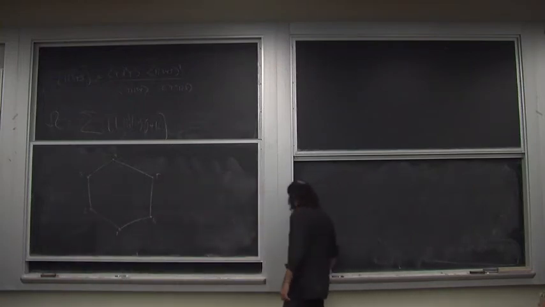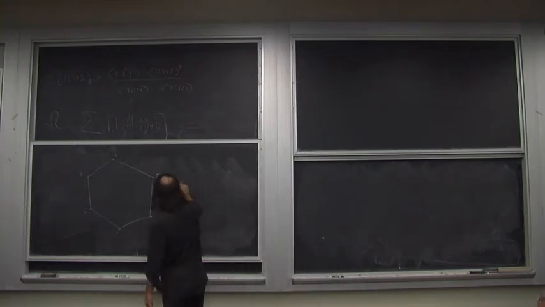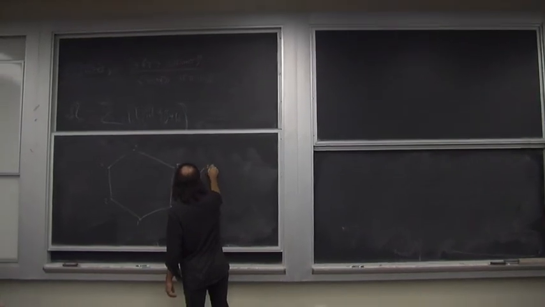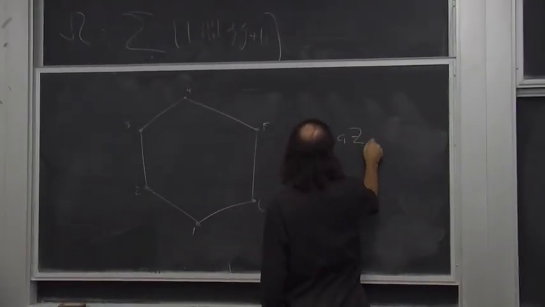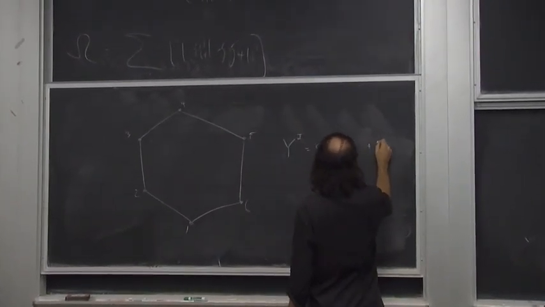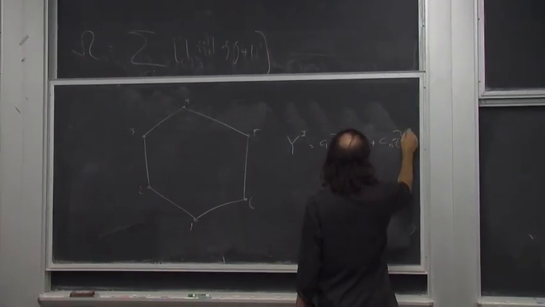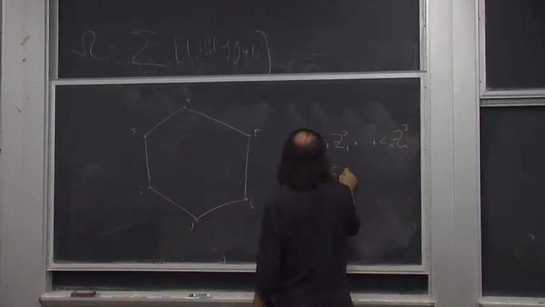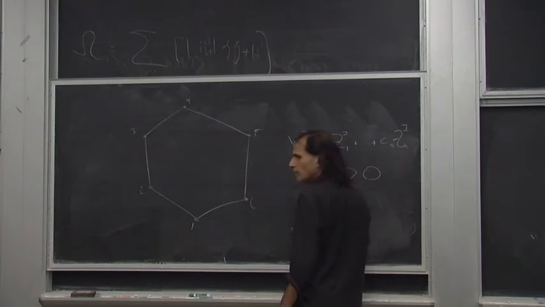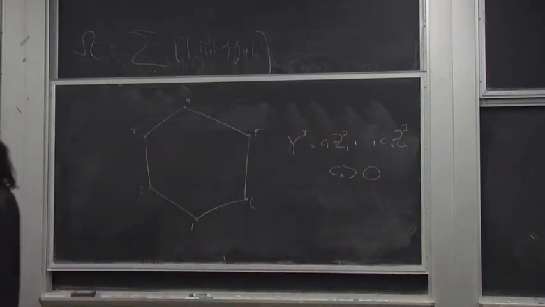And well, we know that all the points on the inside look like y equals c1 z1 plus ... plus cn zn, where all the c's are positive, right? That's what we said before lunch.